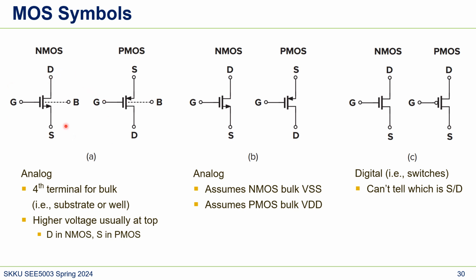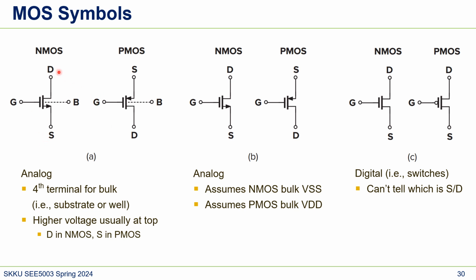So in NMOS, not always, but most of the time, the drain has higher voltage than the source. In PMOS, the source has higher voltage than the drain. And you may wonder why they are different.